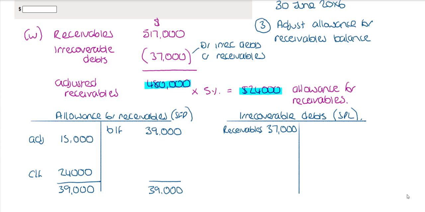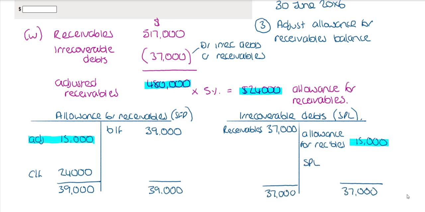This adjustment will be a debit to the allowance for receivables account, and the other side is written off to the statement of profit and loss. And so I will show my credit balance in my irrecoverable debts account. The balancing figure in my irrecoverable debts account will be what we transfer to the statement of profit and loss. And so therefore my transfer is $22,000.